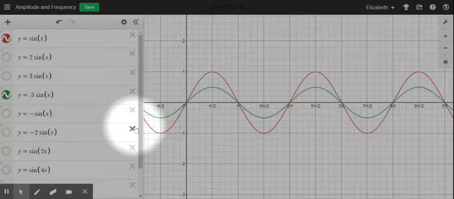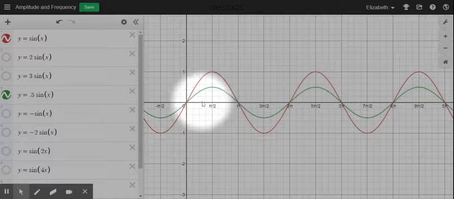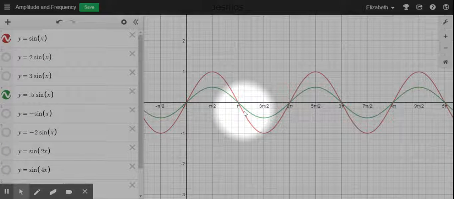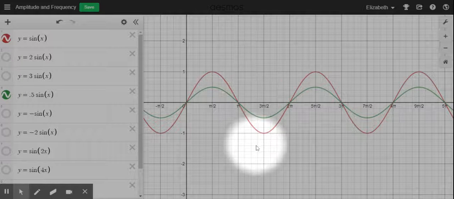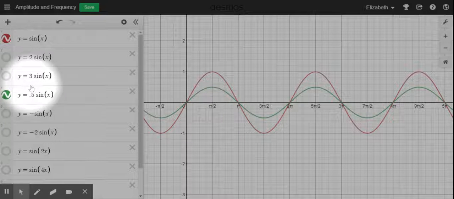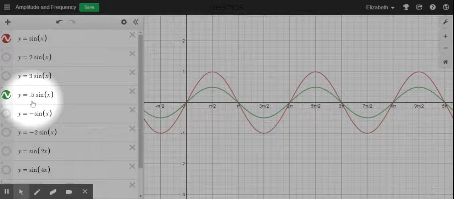It goes up 1, down 1, or up 0.5, down 0.5 from the x. But in a few days, the x-axis will not be the center. We're going to shift these graphs up and down. So don't get into the habit of thinking that this number out front, the amplitude, tells you where it touches. It tells you how high it goes from the center.